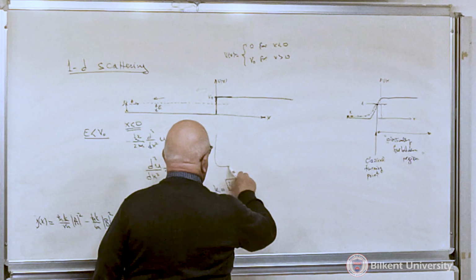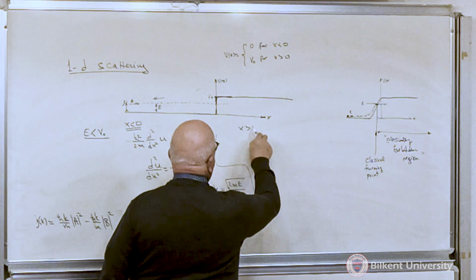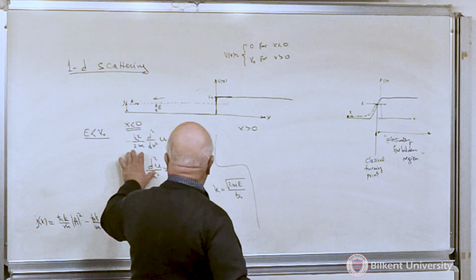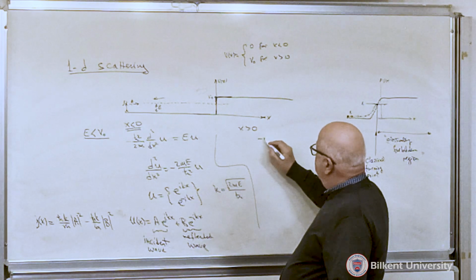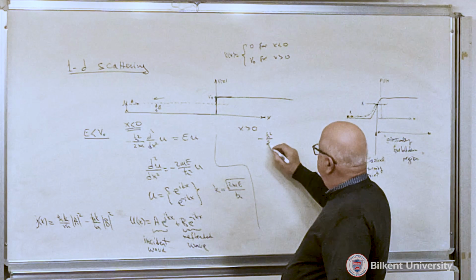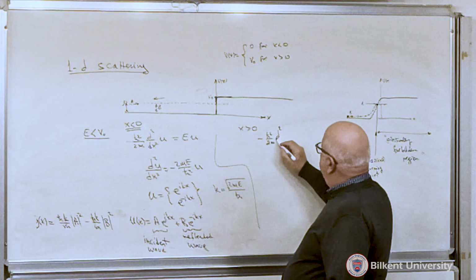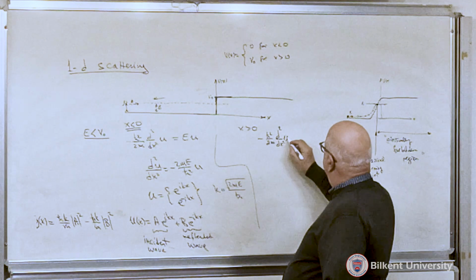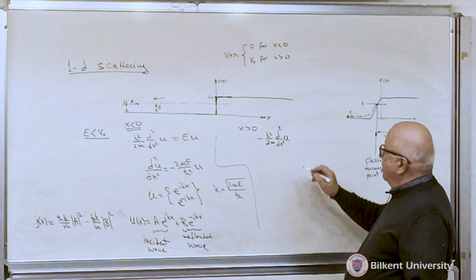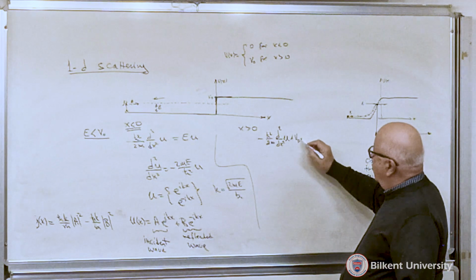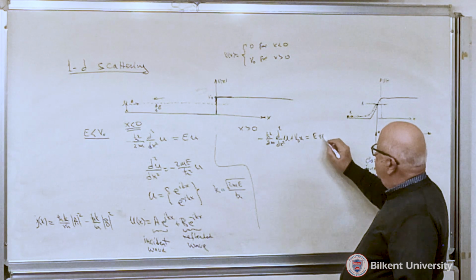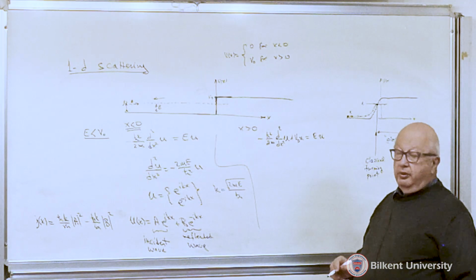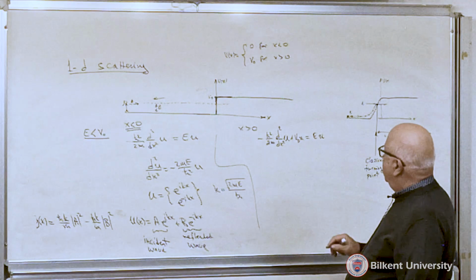What happens for x greater than 0? Well, we now have a different differential equation. We'll have minus h bar squared over 2m d squared dx squared u plus V0 u is equal to E u. Let me again move terms around.